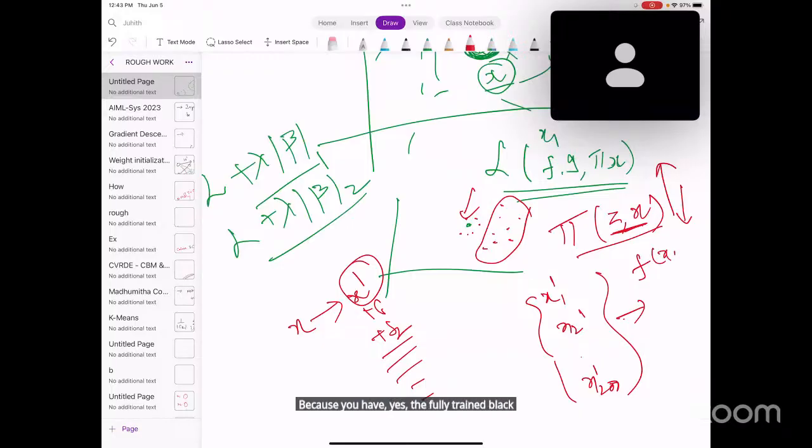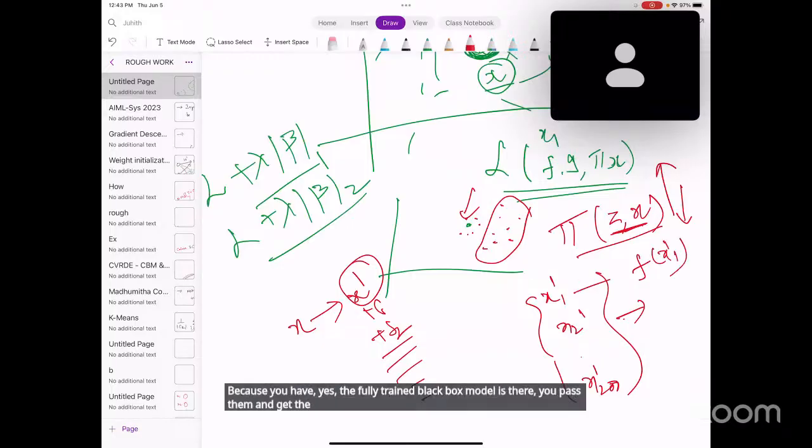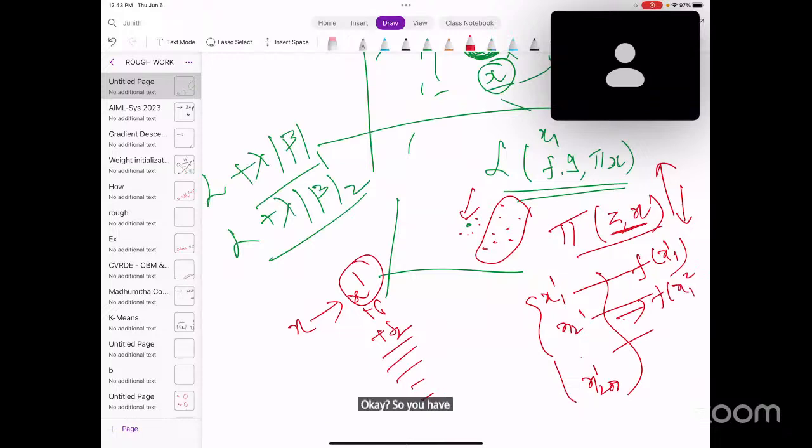You pass them through and get the label for each of them. So you have supervised data now: x1 prime, F(x1 prime), x2 prime, and so on, up to F(x200 prime). You have now a data set for training G. Is this clear?